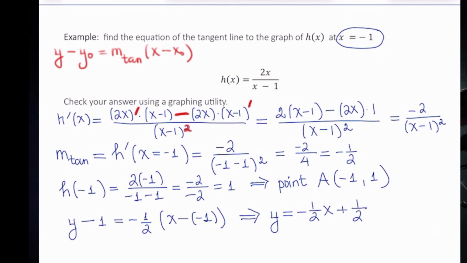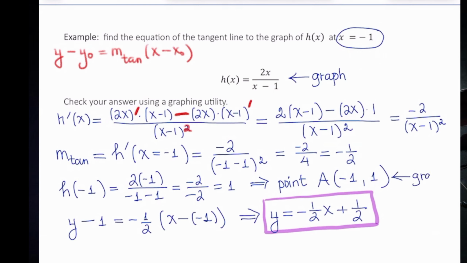All right, and you can always check your work by using Desmos. So what would you do for this particular example? Graph this function, h of x equals 2x over x minus 1, using Desmos. And also graph the point with coordinates -1, 1.